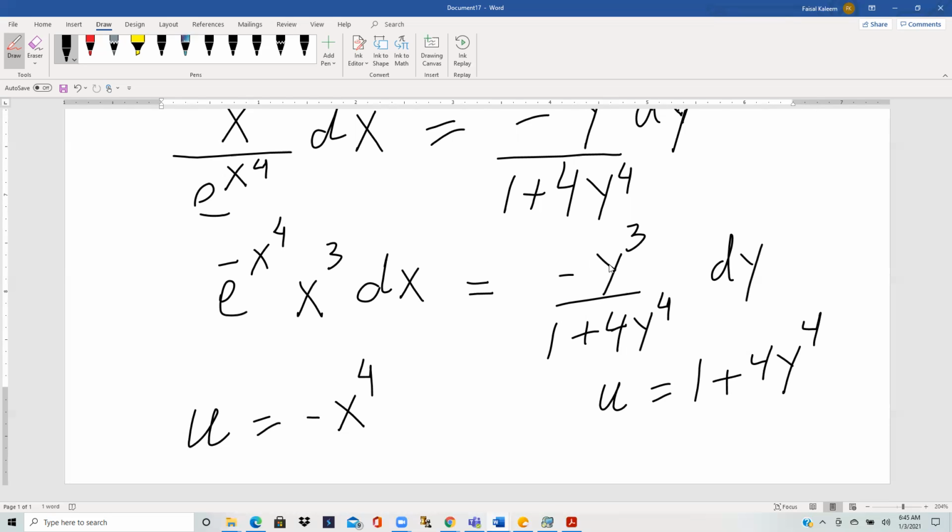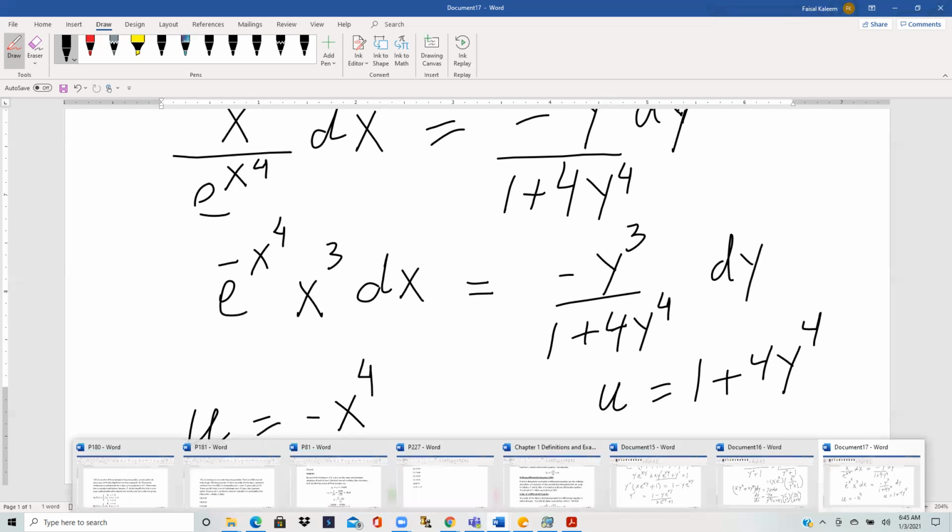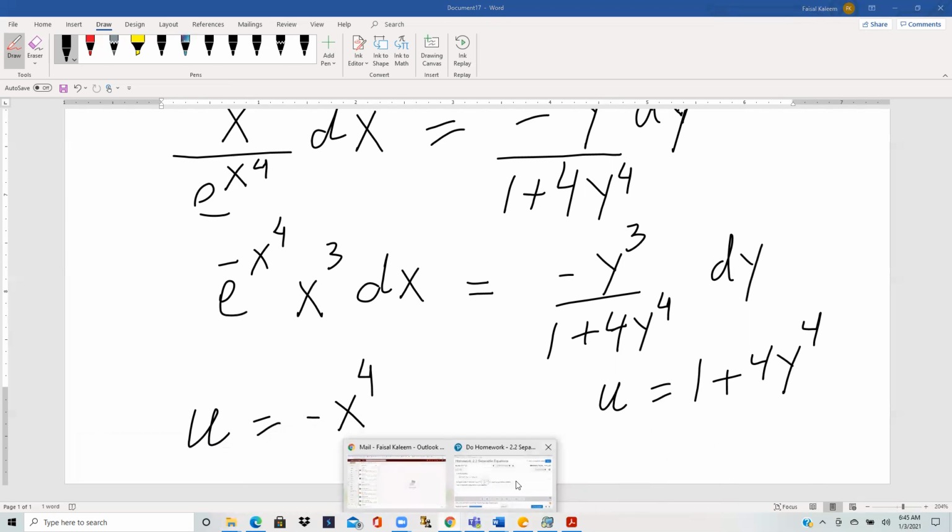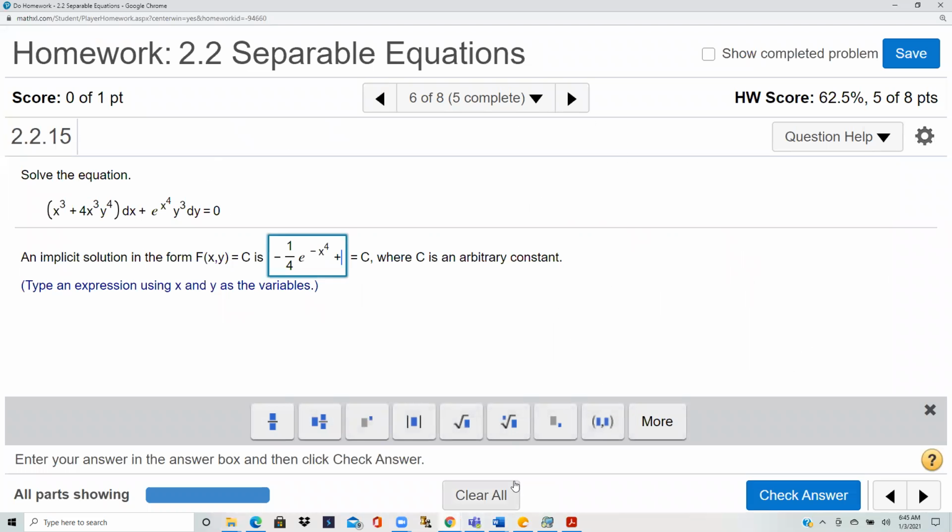And remember, they want everything on the left side and only c on the right. So when you bring this one over to the left side, it becomes positive 1 over 16 ln of 1 plus 4y^4.